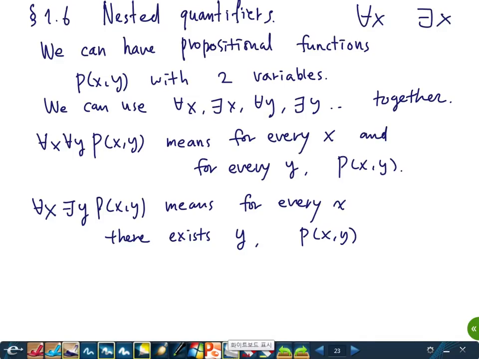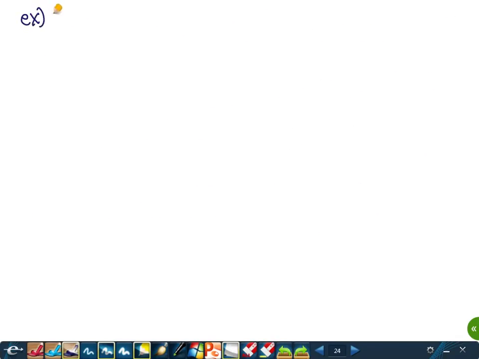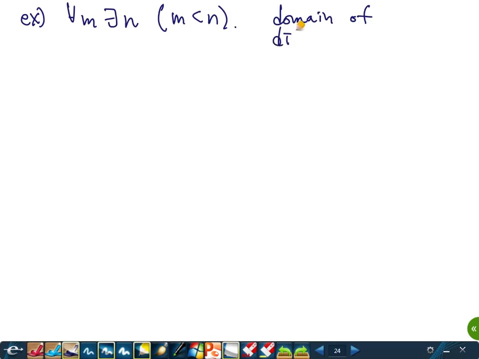All right, good. So example: for all m, there exists n such that m is less than n. And we have to mention the domain of discourse, Z times Z. This is for the first variable, this is for the second variable.